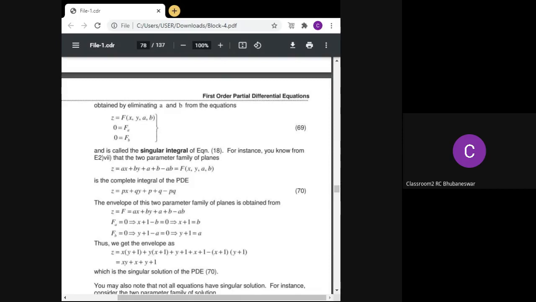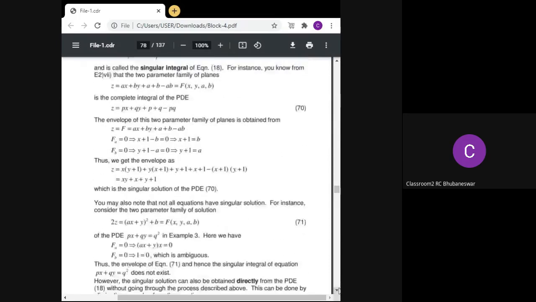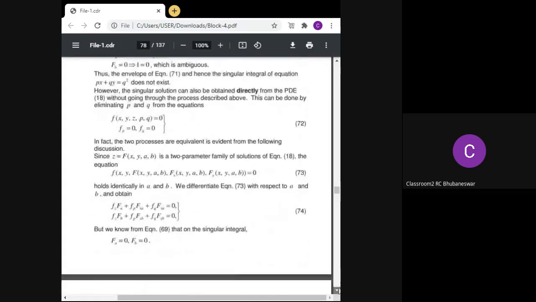As you can see clearly, the parameters a and b have been replaced by the relations a equals y plus 1 and b equals x plus 1. After replacing, the resultant relation as a function of x and y is known as the singular solution to the partial differential equation. So this is the simple procedure to find the singular solution of a partial differential equation of first order.